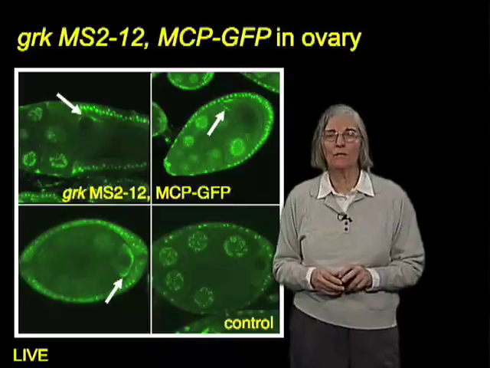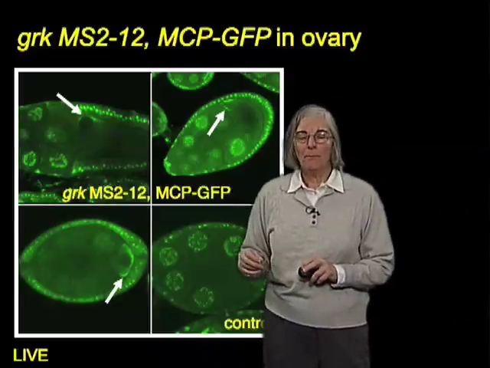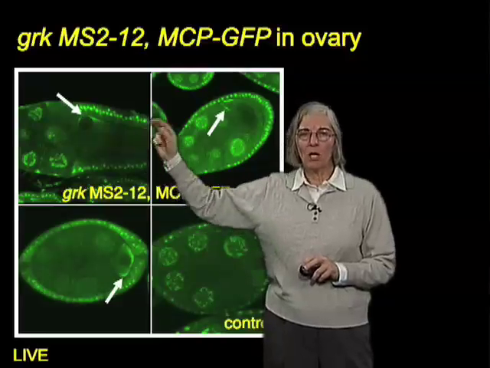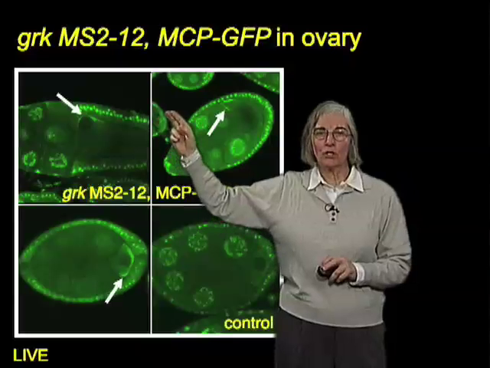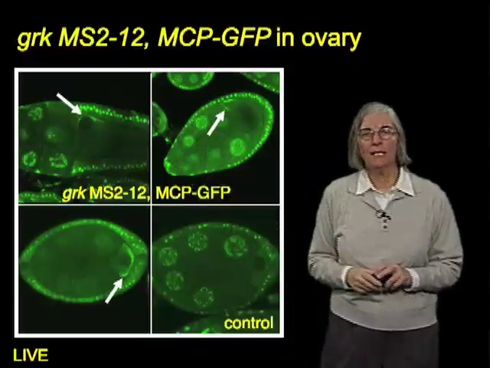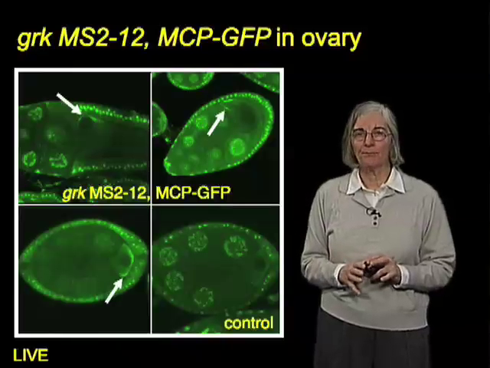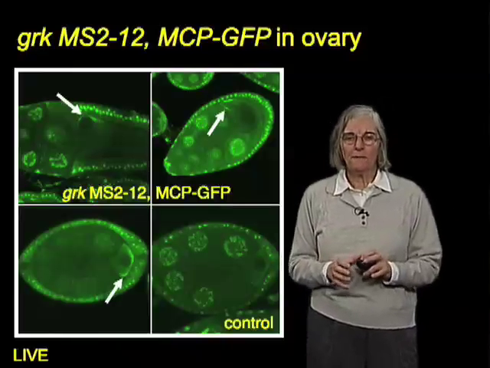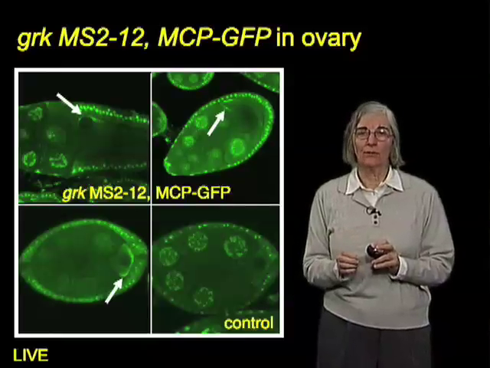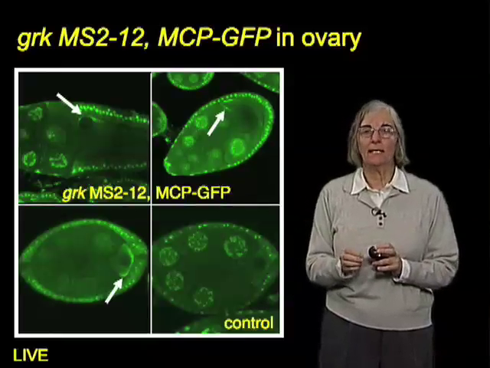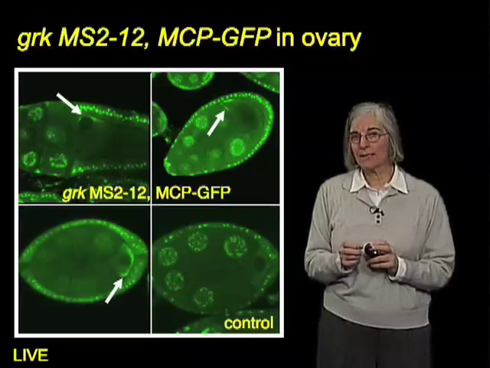What this involves is to take a laser and illuminate a small portion of the localized RNA and make those molecules that are in the laser beam dark. Now, if the molecules are stably anchored, they will just stay there, and therefore there will be a dark hole in this spot persisting.